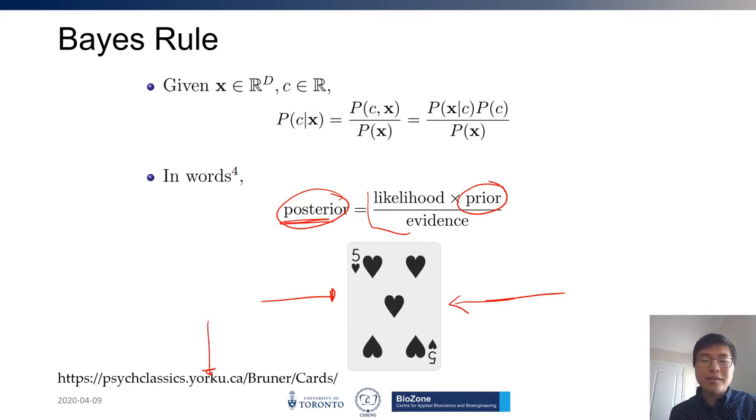What they found is that some people really never got that they were seeing a black 5 of hearts, and this has ties to scientific discovery, where if scientists have a very strong prior, i.e. they really believe in what they're doing already according to the literature and their own experience, then when they see new data that's anomalous, that doesn't really fit with their theories, it depends on how strong that prior is.